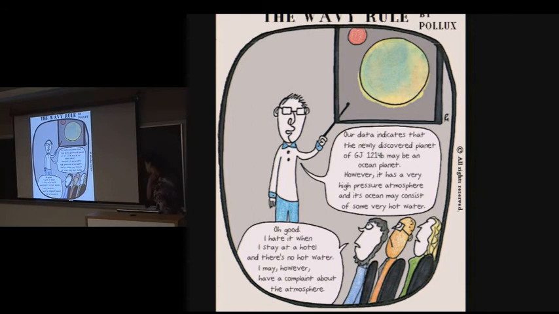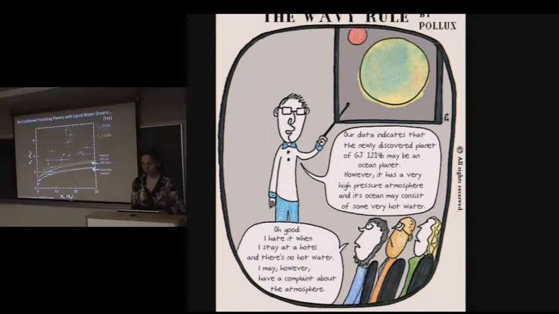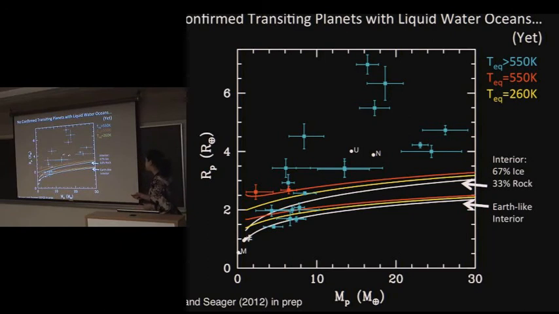So GJ 1252b likely does not have a surface liquid water ocean, except in scenarios where it has very low intrinsic luminosities. And the same conclusion holds true for this other red point.